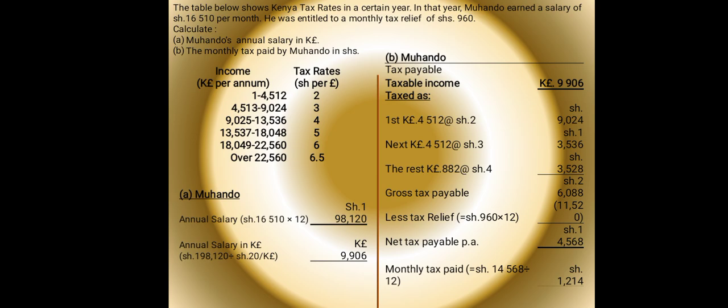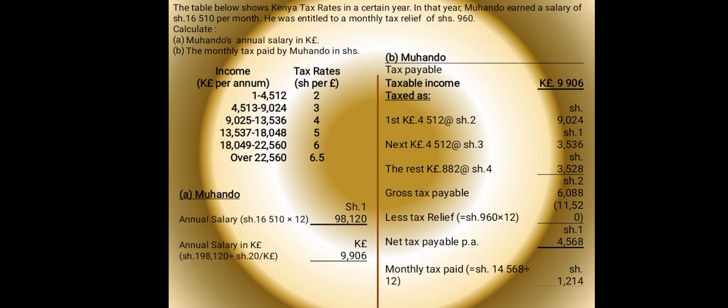Mohando's annual salary will be gotten by taking his monthly salary multiplied by 12 months. It totals up to 198,120 shillings. Divide by 20, it comes to 9,906 Kenyan pounds.